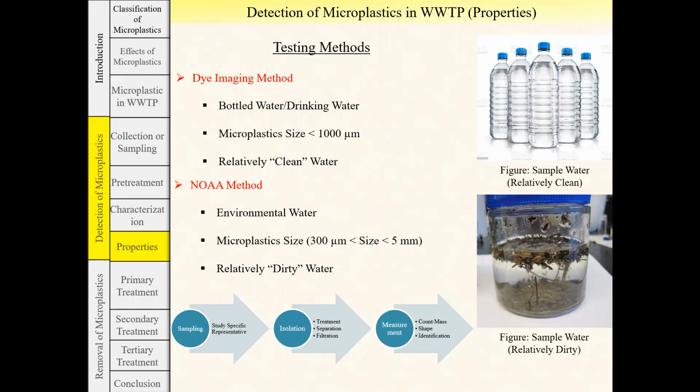Among them, the dye imaging method is used for relatively clean water, that is water with a low amount of organic matter. The NOAA method is used for relatively dirty water, that is water with high organic matter content. Both methods include three basic steps: sampling, isolation, and measurement.